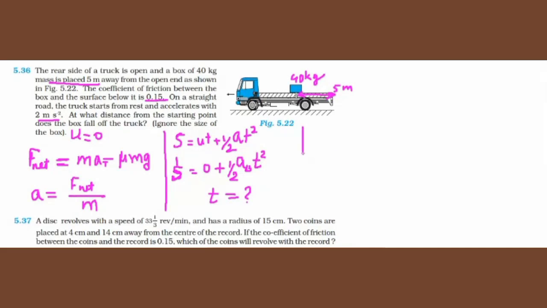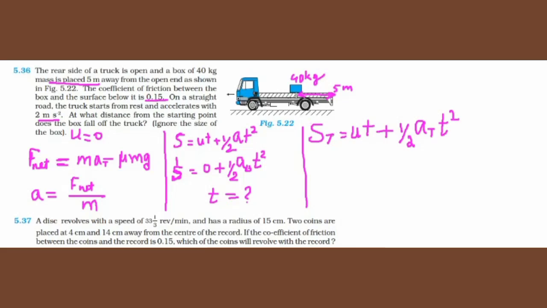Then by then how much distance does the truck travel? That is the question. So the distance traveled by the truck, again you have to use the formula ut plus half at square, but this time you want to calculate the distance traveled by the truck. By the time the block falls, what is the distance traveled by the truck?